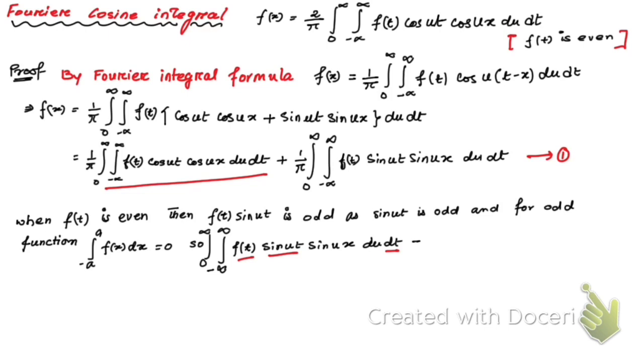If that part is 0, then this whole part is going to be equal to 0, right?